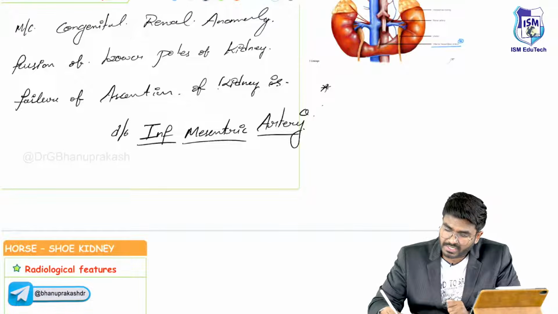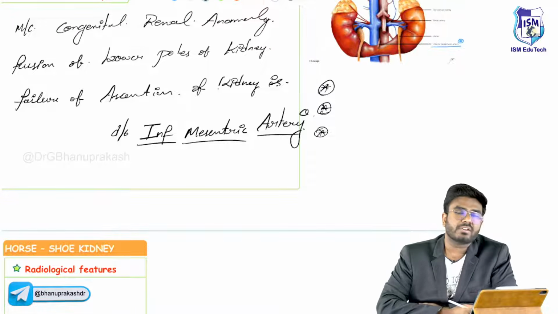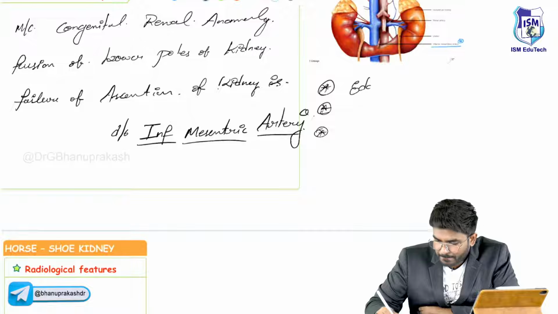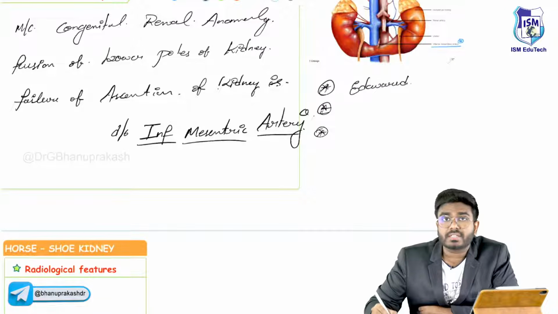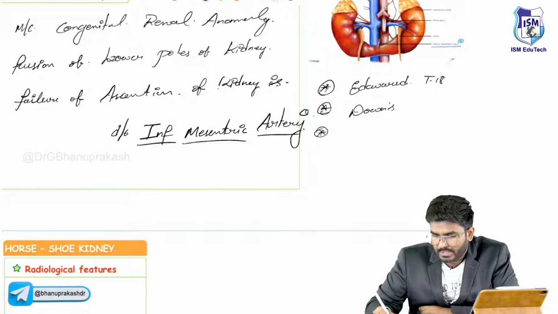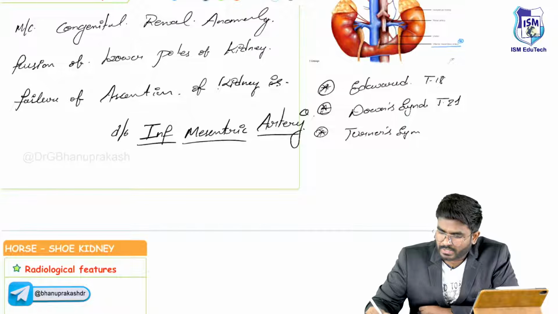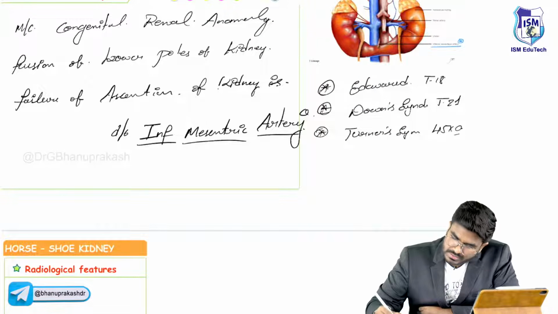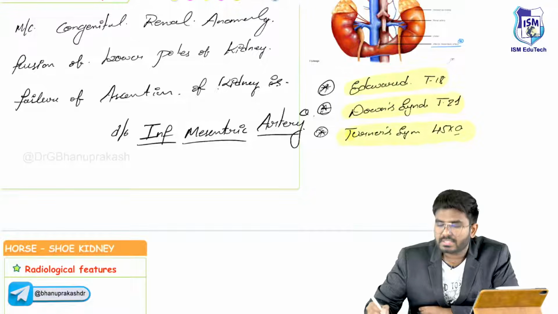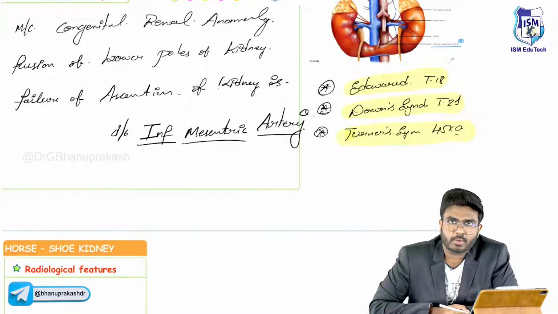It is associated with chromosomal disorders like Edward syndrome, trisomy 18, Down syndrome, which is trisomy 21, and Turner syndrome, which is 45 X0, where one X is completely gone. So these individuals may develop horseshoe shaped kidneys. These are important.